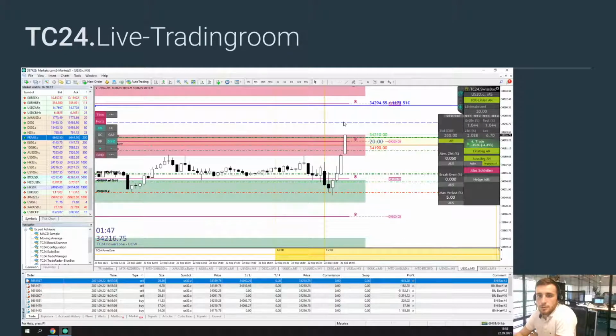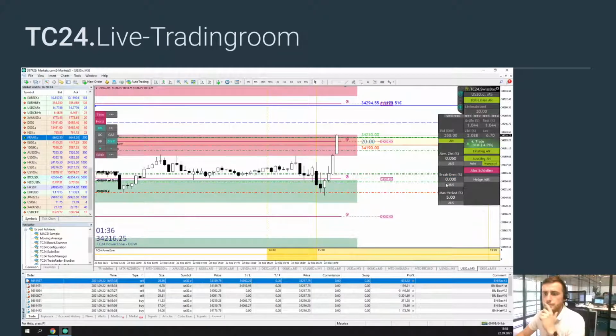And at this point, once we make it above that original take profit, then we can start using that break even. So that at 2.